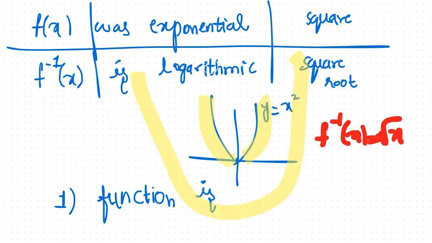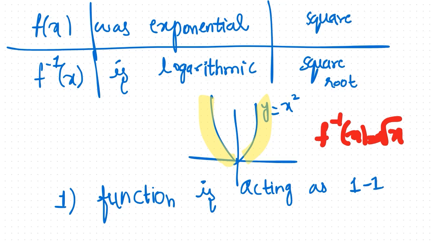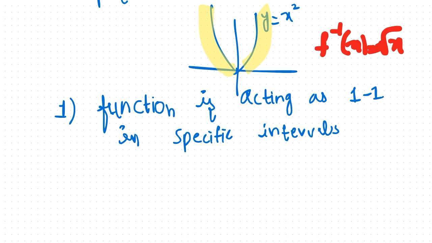But overall as a function, it is not one-to-one because it fails the horizontal line test. So the function acts as one-to-one on a specific interval. So the inverse would be root x only for x greater than or equal to 0. If you look carefully, y is equal to x square, and x is equal to y square is the inverse relation.